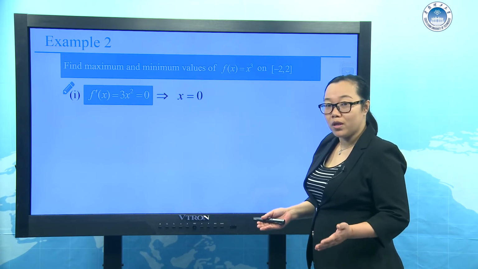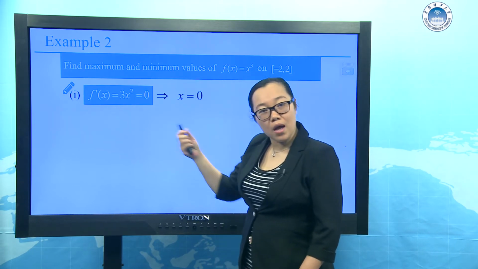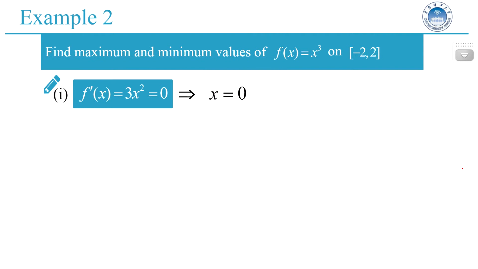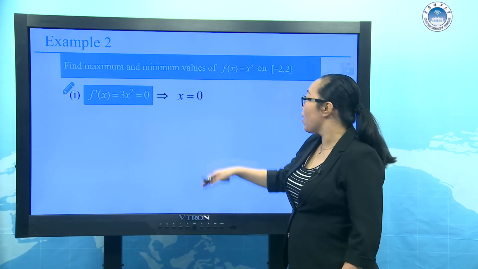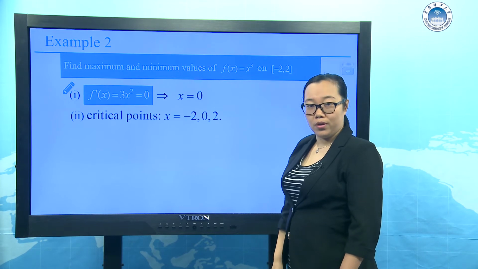Step 1, try to get the corresponding f prime x. What is our f prime x? f is given as x cubed, so the first derivative equals 3x squared. f prime x equals 0 has only one solution, x equals 0. It is our stationary point.